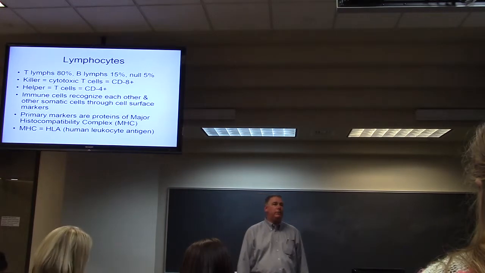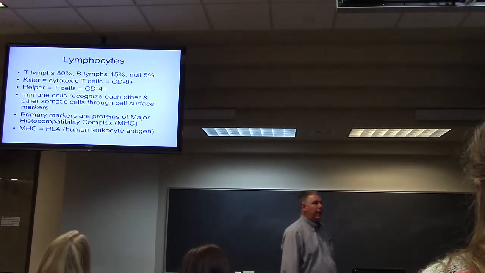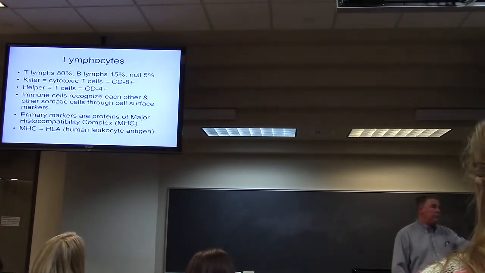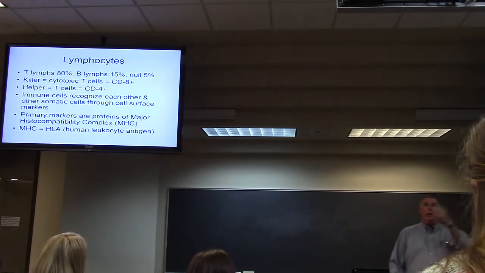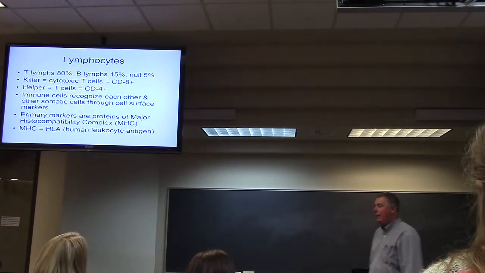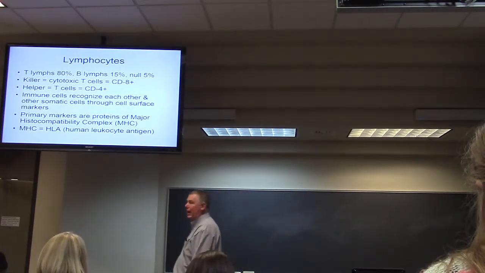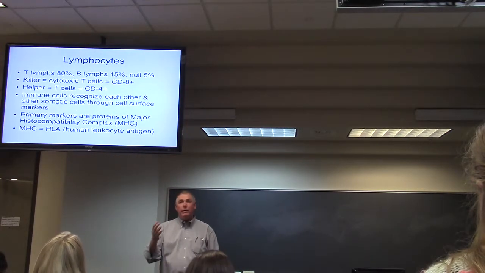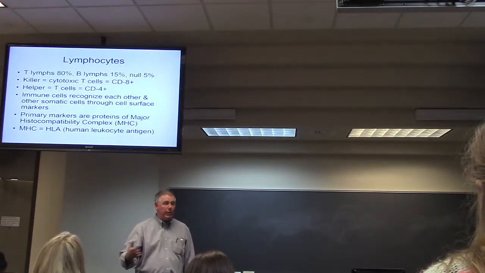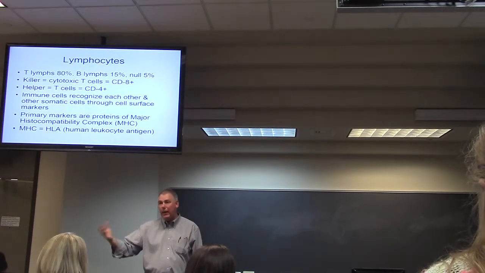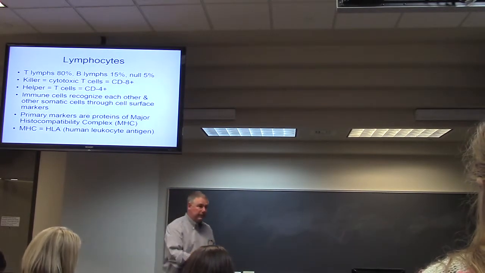Now, the cell surface marker that characterizes you, these are called the major histocompatibility complex, also called the human leukocyte antigen, which was the first one discovered. It was on a white blood cell, but it turns out all cells have these things, so now they're not called HLAs, they're called MHCs.